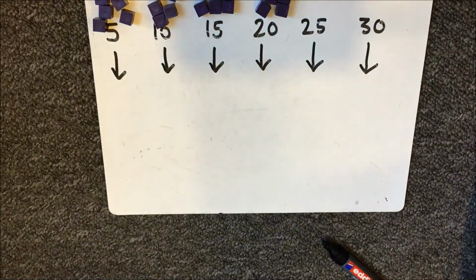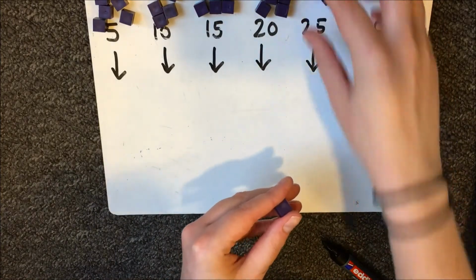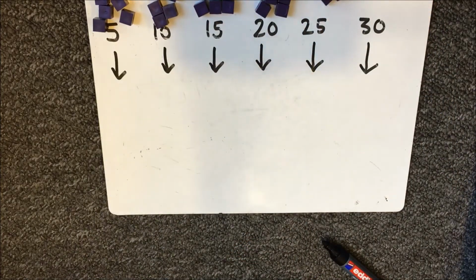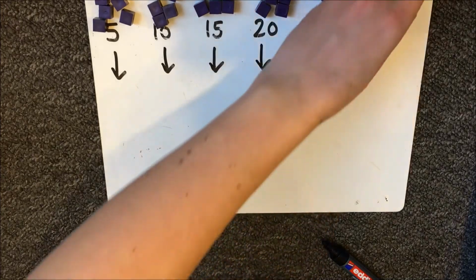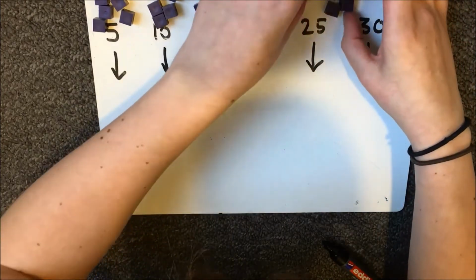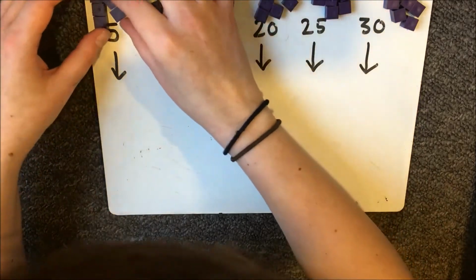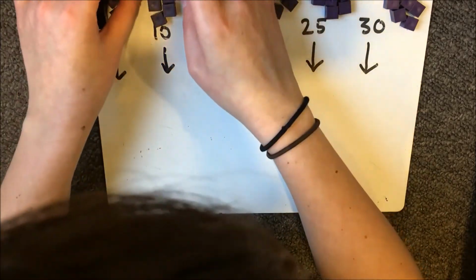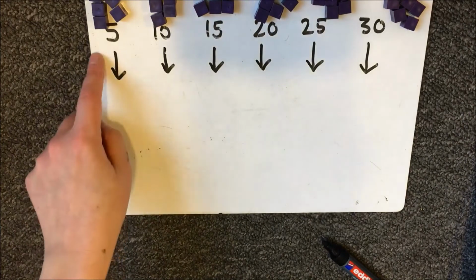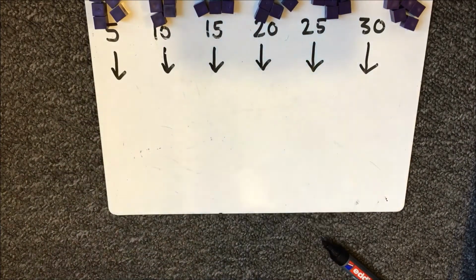After 20, I've got 25. And after 25, I've got 30. Good job. So I'm just going to arrange these so they're a little bit neater. Whoops. There we go. I've got my groups of 5. Let's practice counting them again. 5, 10, 15, 20, 25, 30.